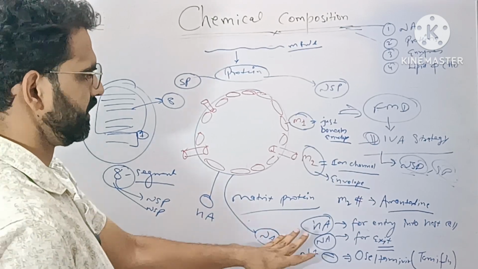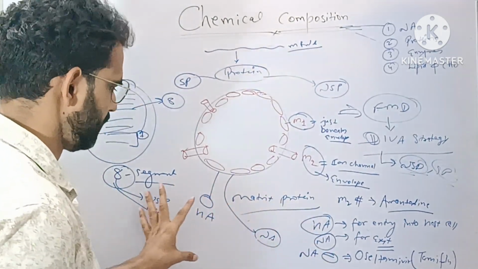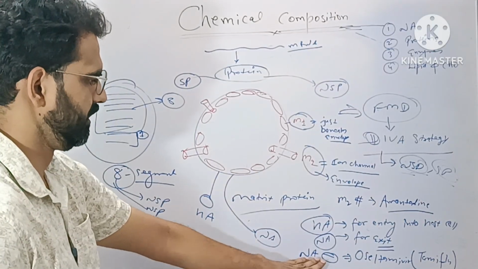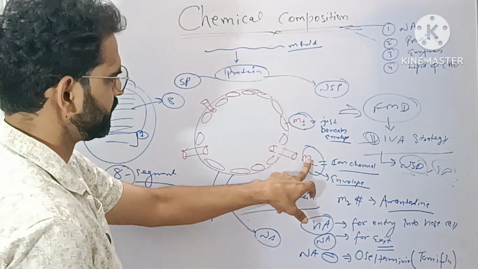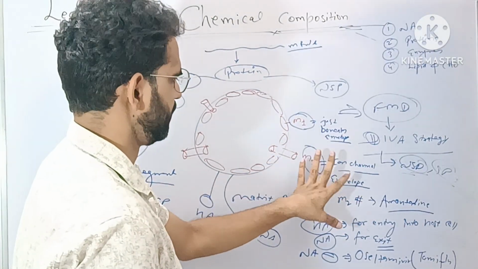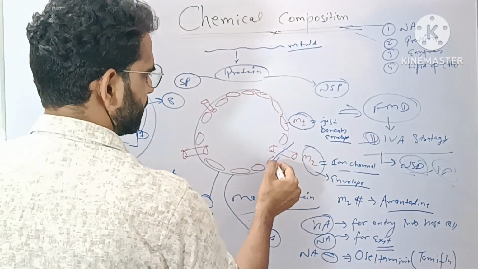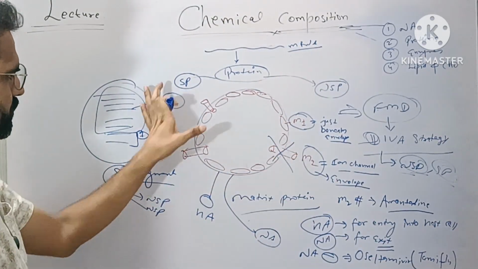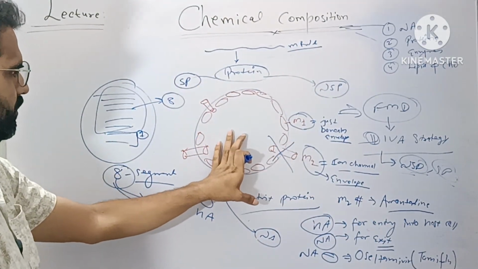So we can prevent spread from infected cell to healthy cell. Second is the M2 channel; M2 is an ion channel, and if we block it with some medicine, replication will stop. So these were some of the structural proteins.